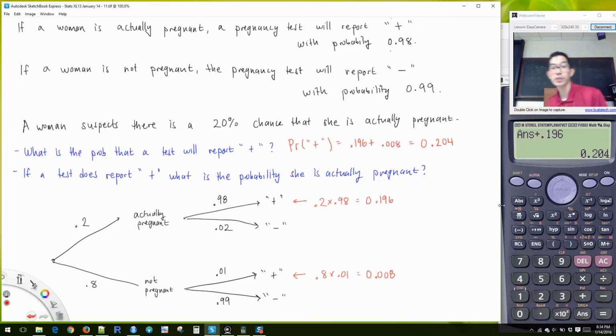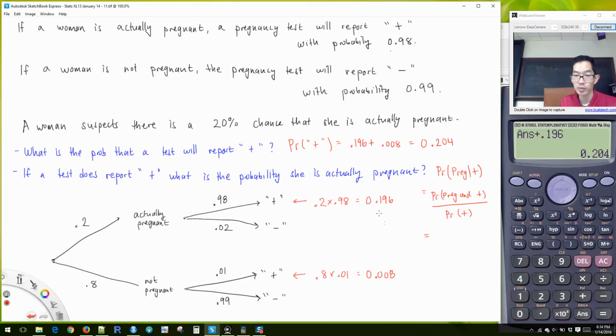And then, what is the probability that she's actually pregnant? That is going to be the probability of pregnant given plus, which will be the probability of pregnant and plus divided by the probability of plus, okay?